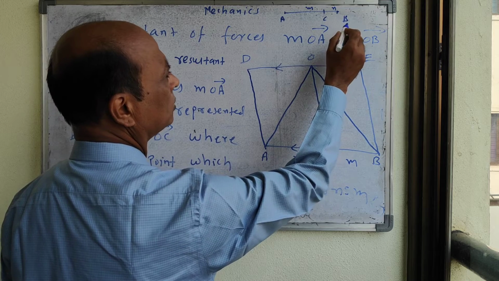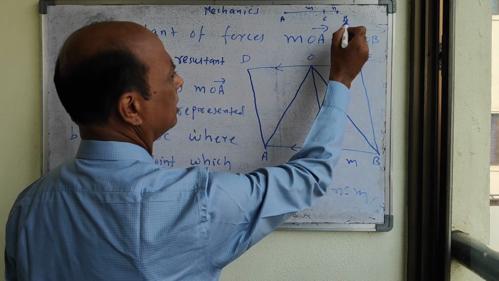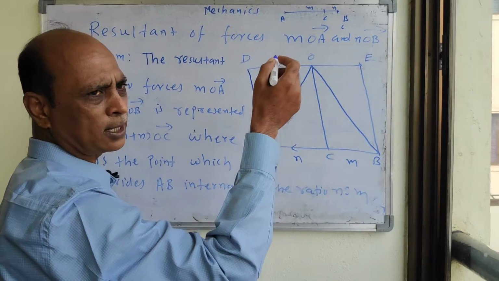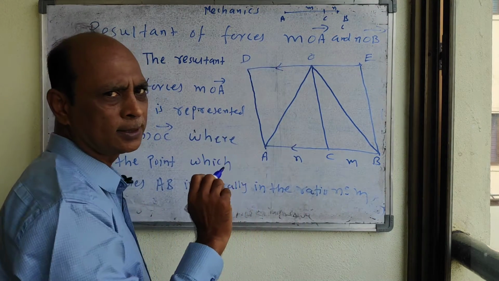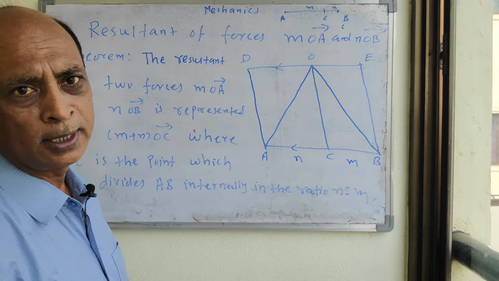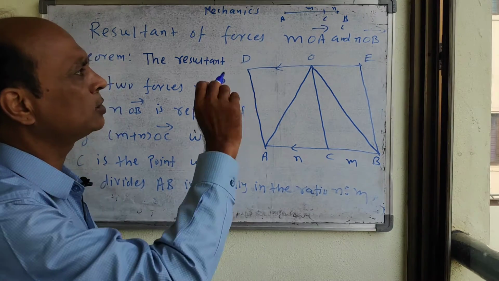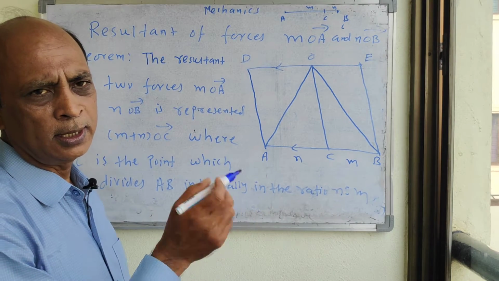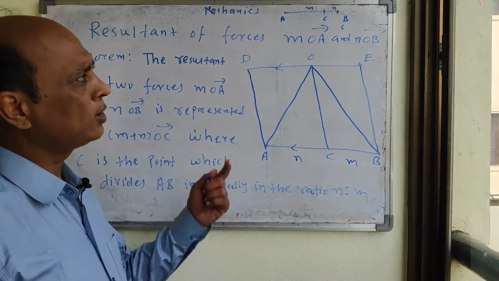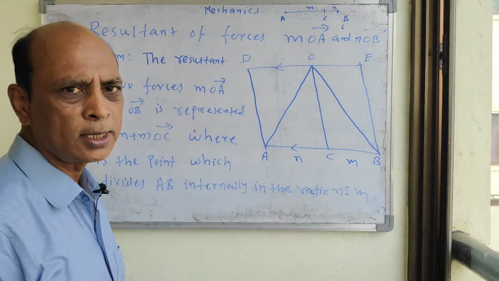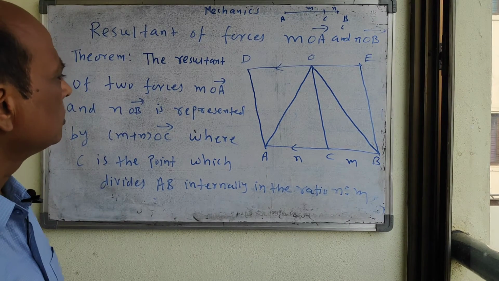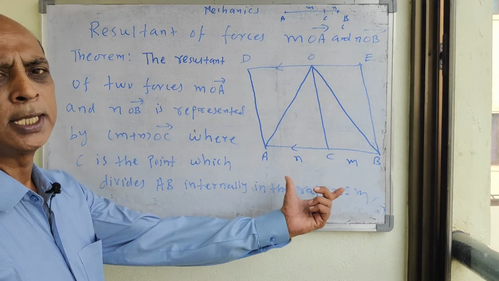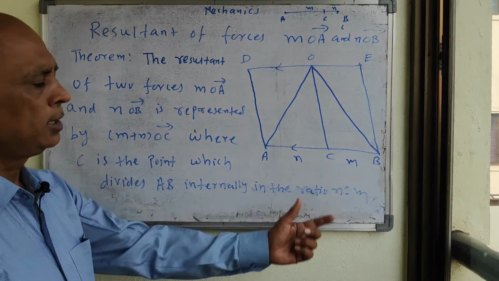Then all of you know that the coordinates of C are (mx2 plus nx1) upon (m plus n) and (my2 plus ny1) upon (m plus n). This is the internal division. And for external division, (mx2 minus nx1) upon (m minus n) and (my2 minus ny1) upon (m minus n). So a similar concept here: C divides AB internally in the ratio n to m.